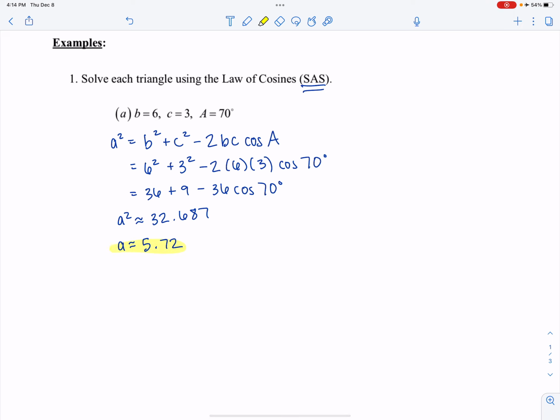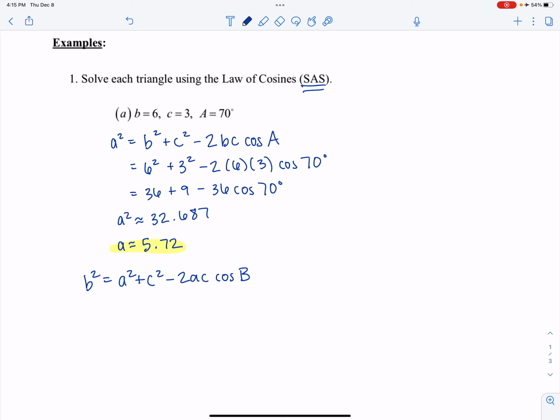Okay, so we have a, we have b, we have c, we have angle A, so now we need angle B and angle C. So let's find angle B next, and we'll use b squared is a squared plus c squared minus 2ac cosine of B. And the reason we're using this is because this equation has the angle B in it.